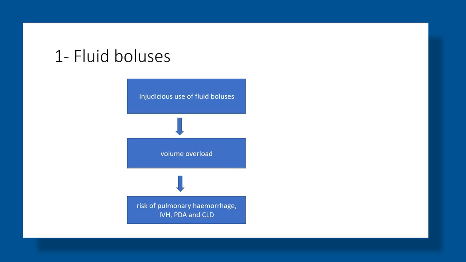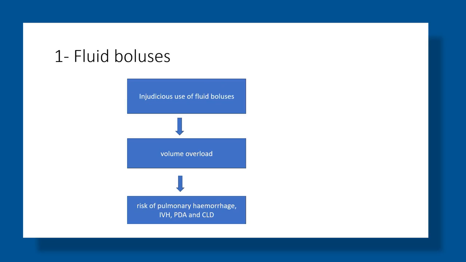Just imagine the immature myocardium which is having a poor contractility in an extreme preterm baby, or a term baby who has had hypoxic ischemic encephalopathy, now due to hypoxia having poor contractility of the heart. If you do a volume overload, that heart is going to fail.